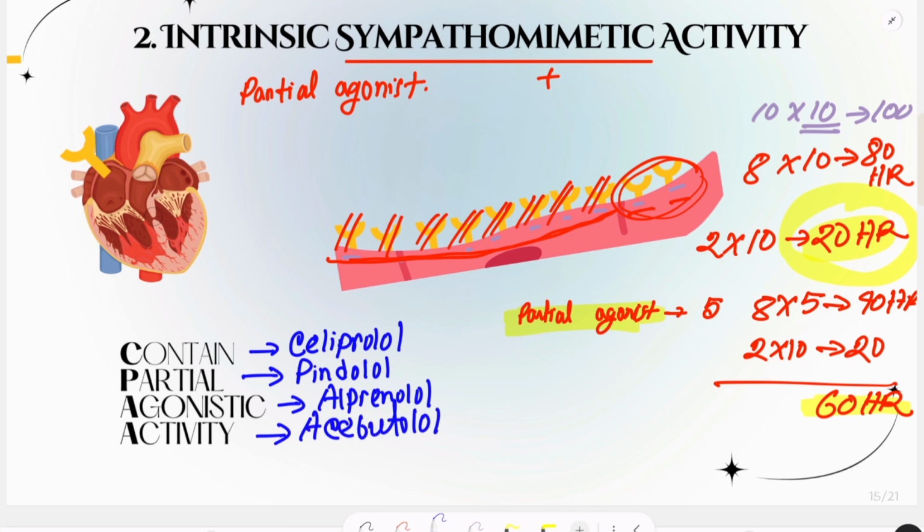So the mnemonic itself says they contain partial agonistic activity. So celiprolol, pindolol, alprenolol and acebutolol have intrinsic sympathomimetic activity. And what is the advantage? We can use these drugs in a patient who is very sensitive to normal beta blockers.